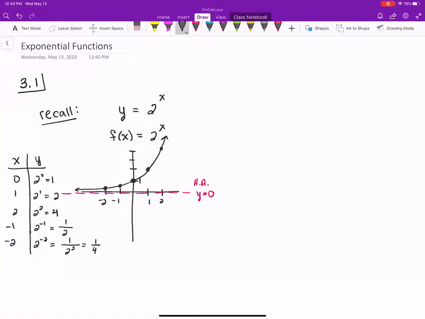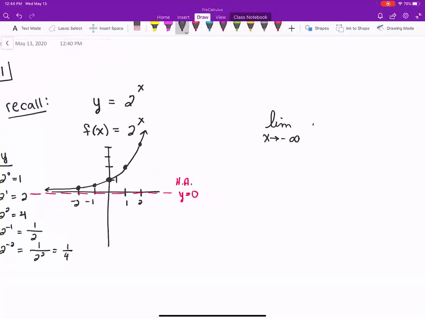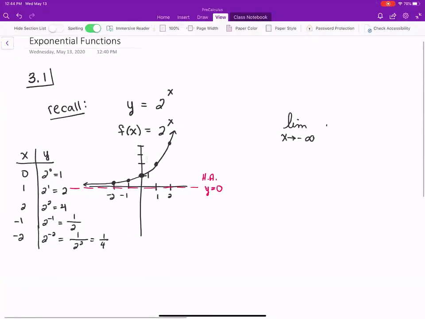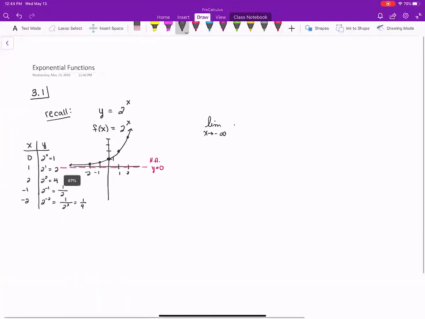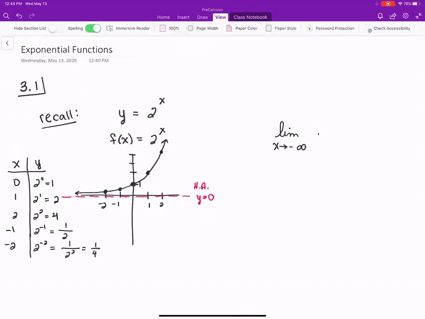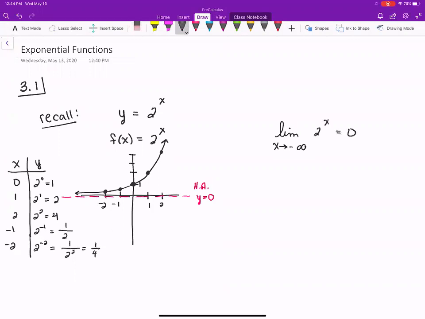So if I just went back to what I just did with limits, if I asked you what is the limit as x goes to negative infinity of 2 to the x power, then that limit would be equal to 0, because as x heads off to negative infinity, y goes to 0.